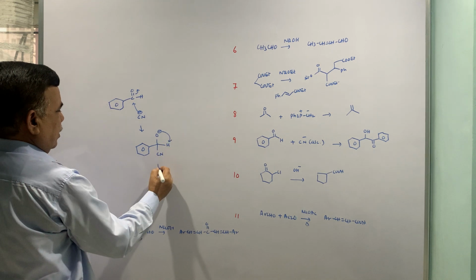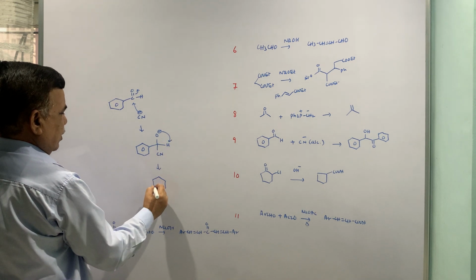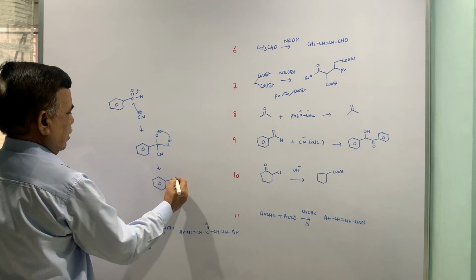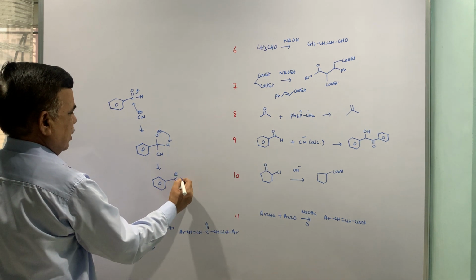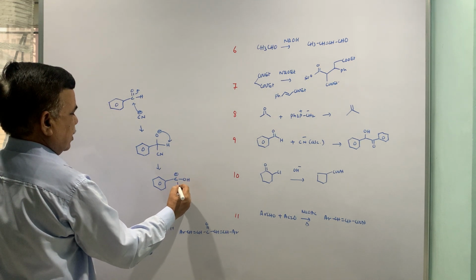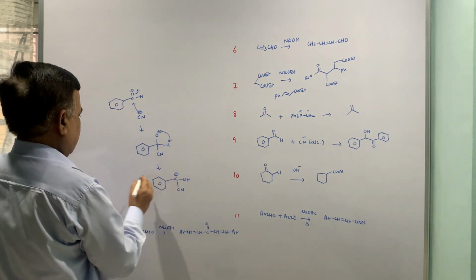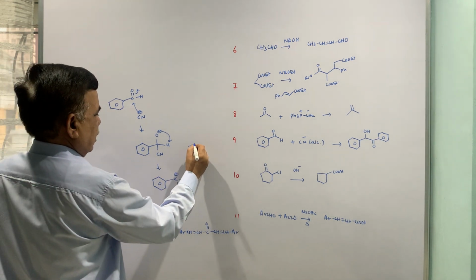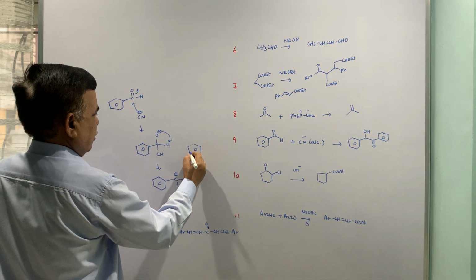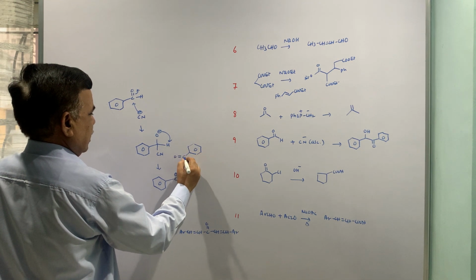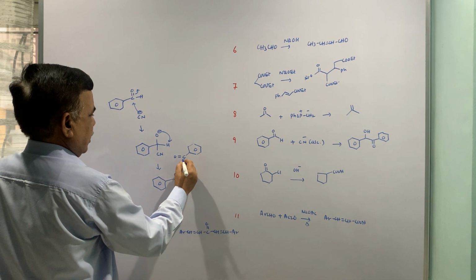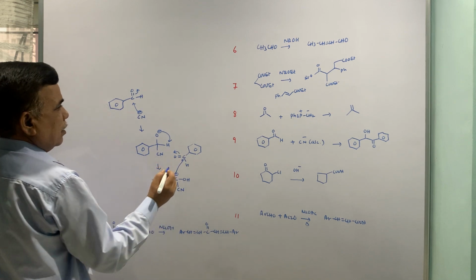Then there is a sort of rearrangement, you can say, this OH and CN. Then this is added to another aldehyde. So I will just put another benzaldehyde molecule nearby so that you can show this.